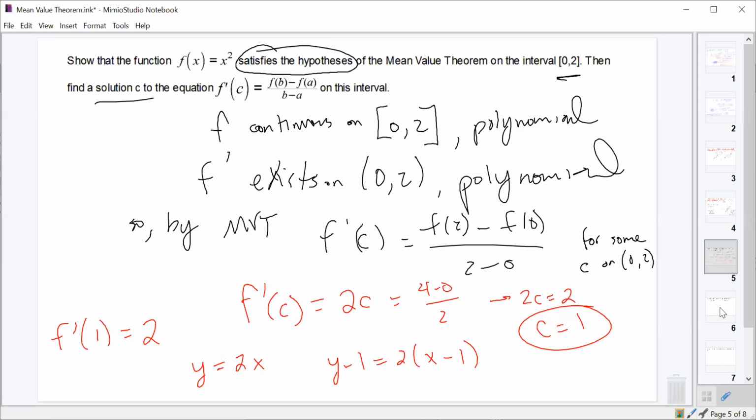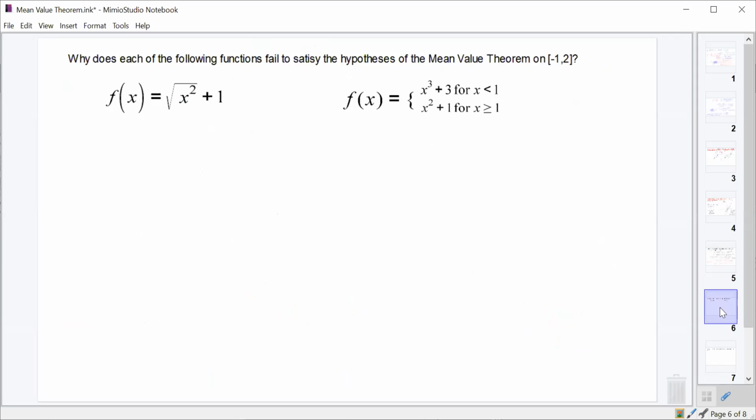All right, let's take a look at these two and see if we can figure out why both of these fail to satisfy the hypotheses of the mean value theorem. So let's take a look at square root of x squared plus 1.